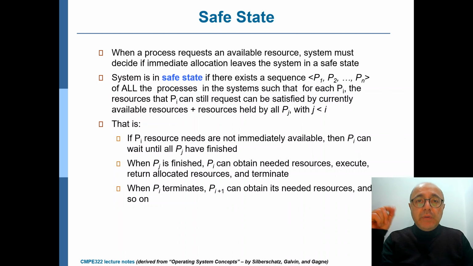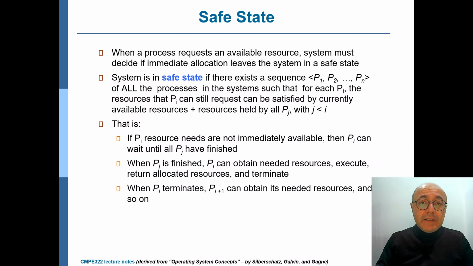If you make a new assignment, or if a resource becomes available, that vector will change. So that will be a new state. So the system is actually moving between these states.